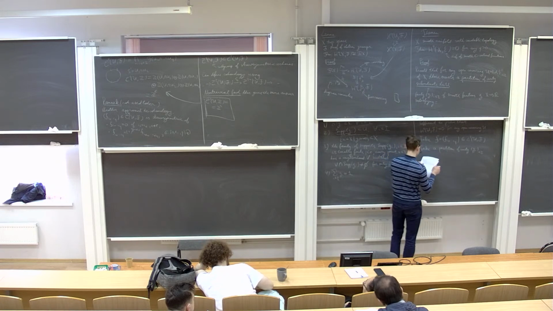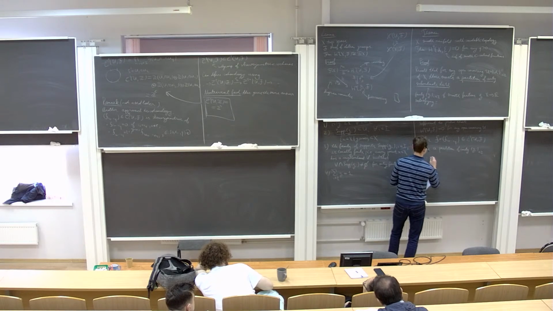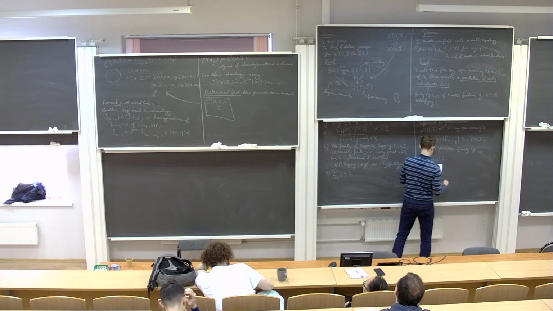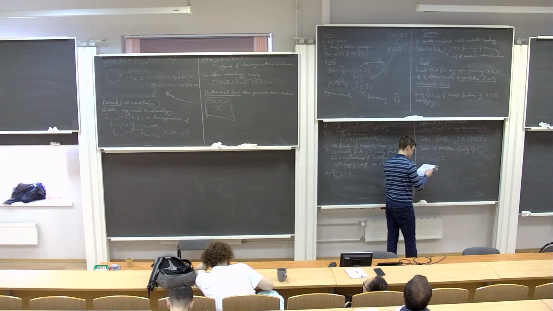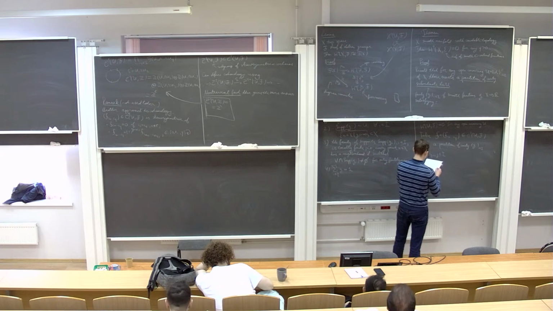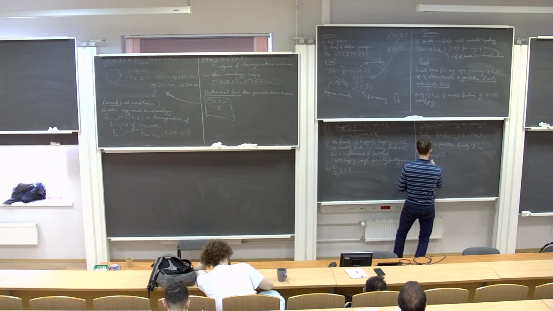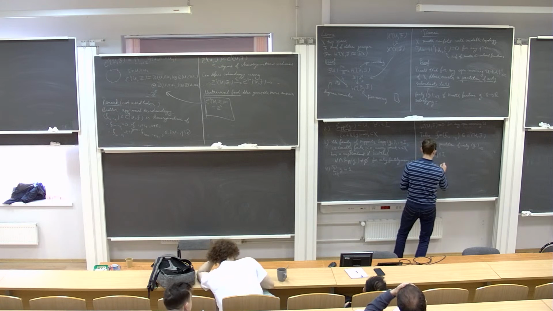Consider some indices i_0, ..., i_{q-1}, j in I. Then we have this function f_{i_0 ... i_{q-1} j}.